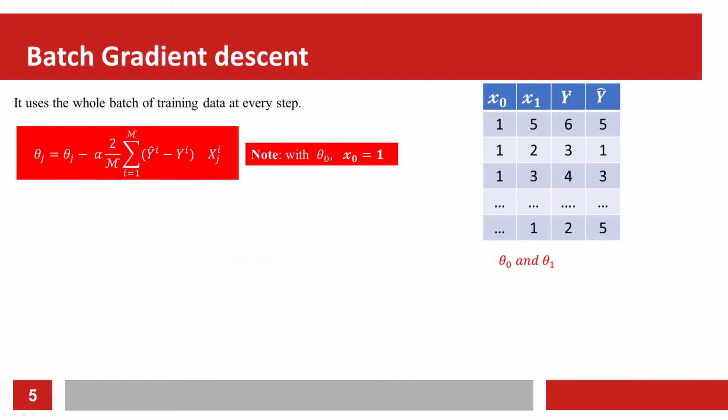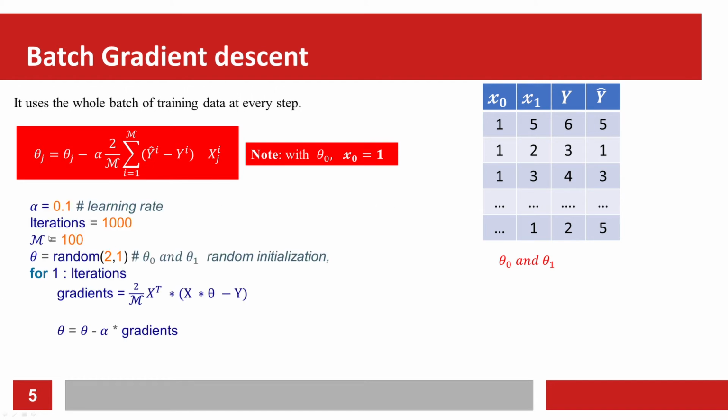You compute the cost for all rows, and you also compute the average of the cost. In batch, you have to compute the whole cost, I mean the cost for each row, to be able to update the parameters.